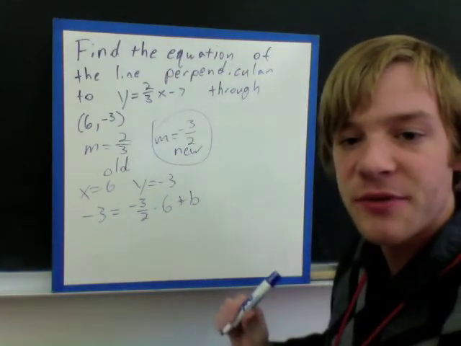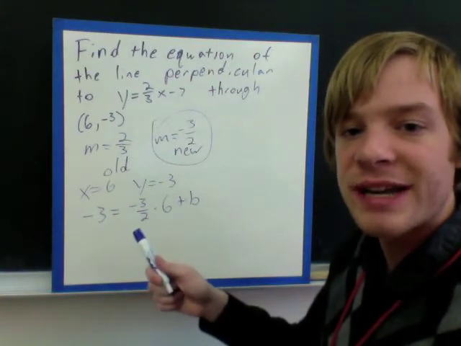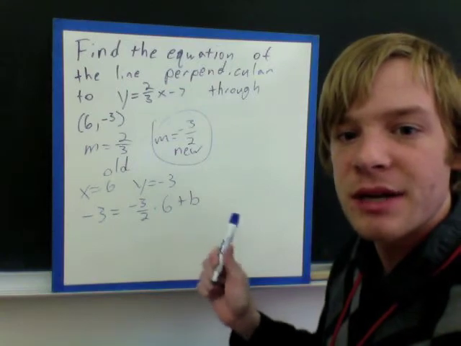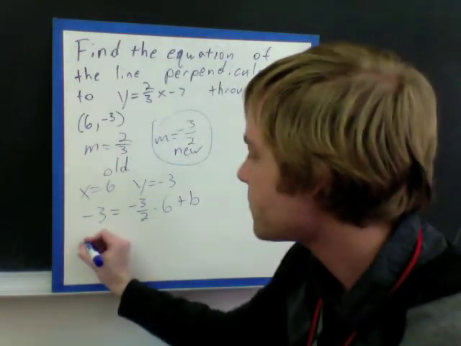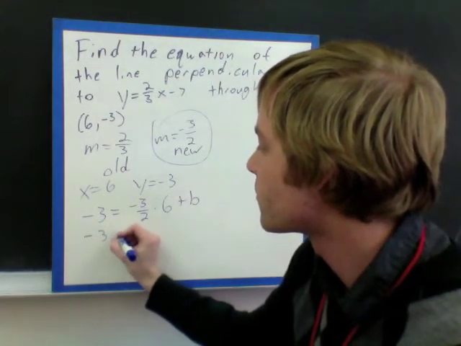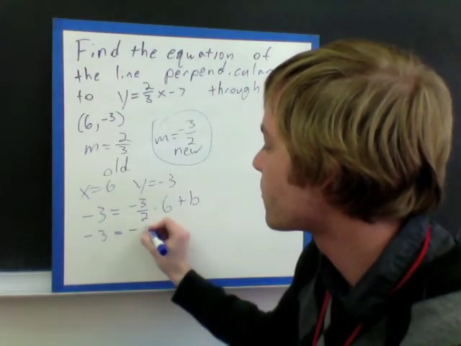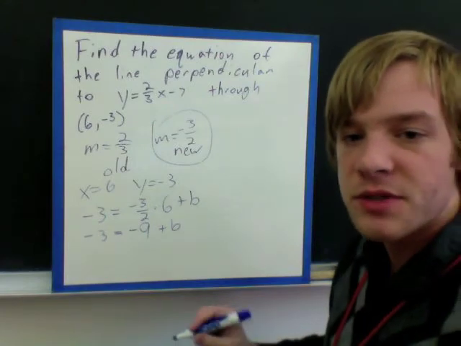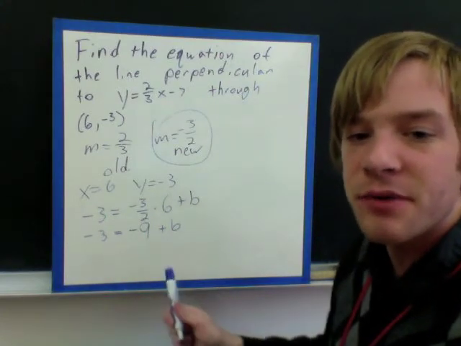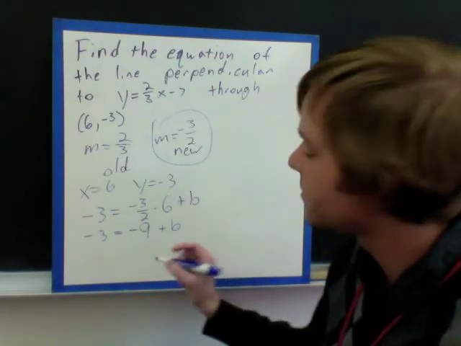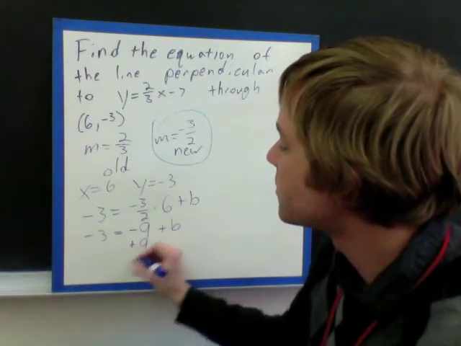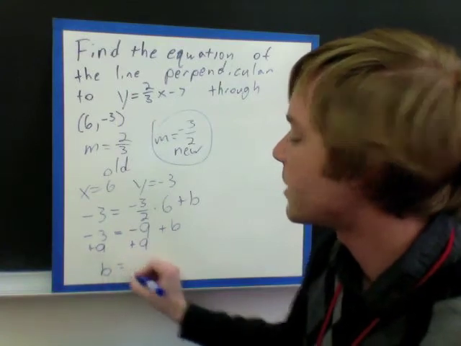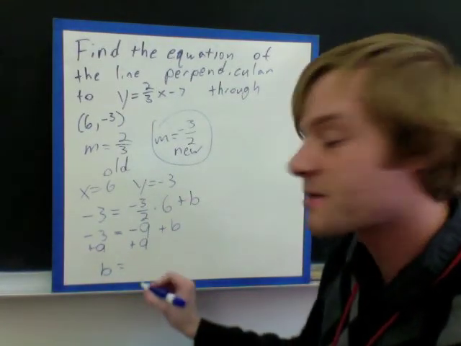Now I'm just going to simplify this out and solve for b. So -3/2 times 6 is going to give me -9. Then I need to add 9 to both sides in order to solve for b. And so b is going to give me 6.